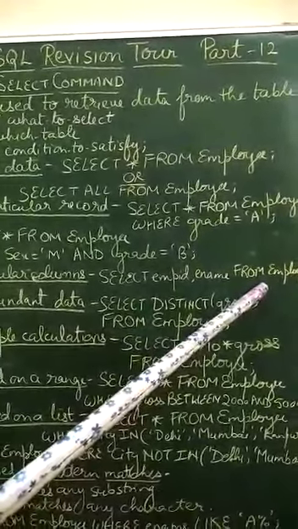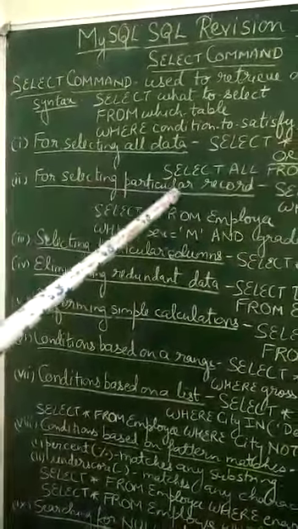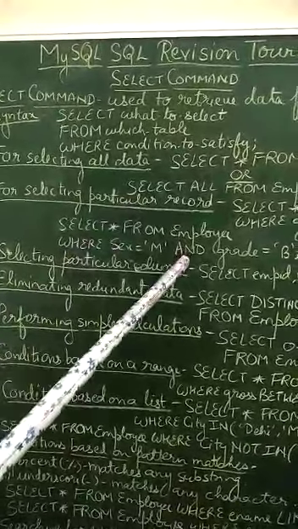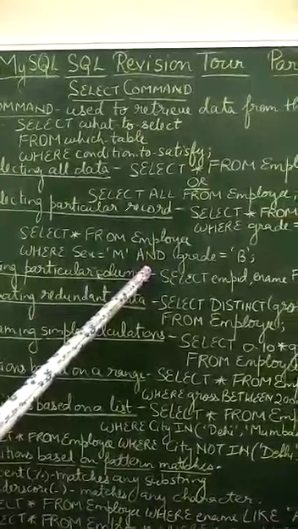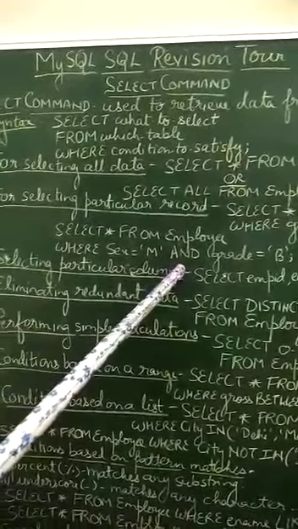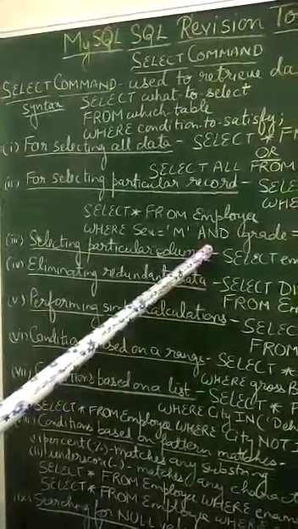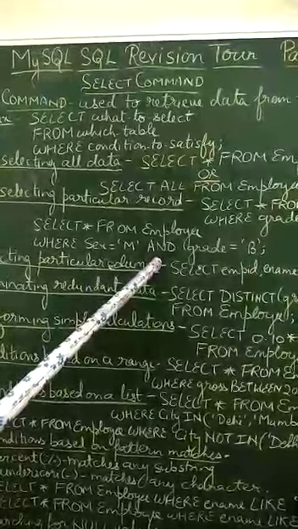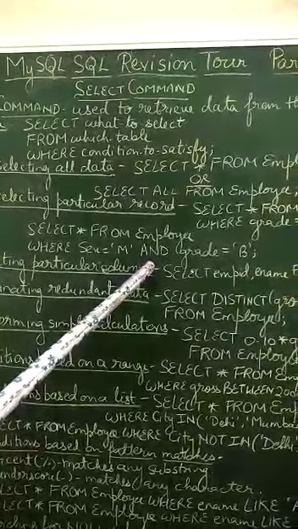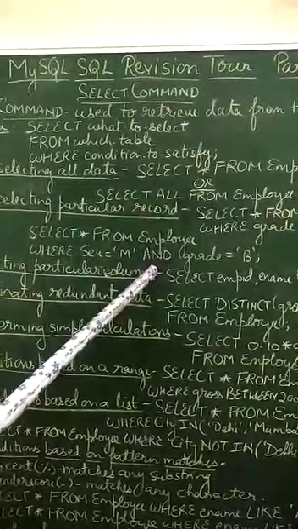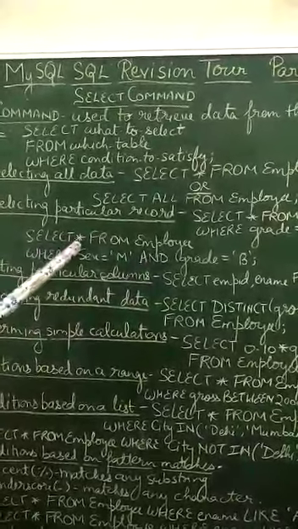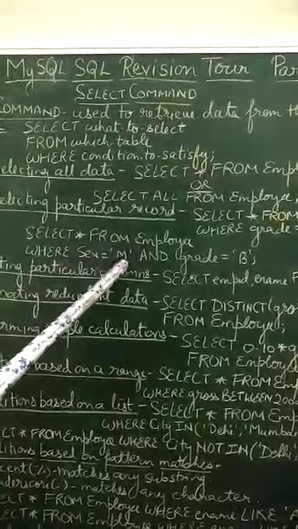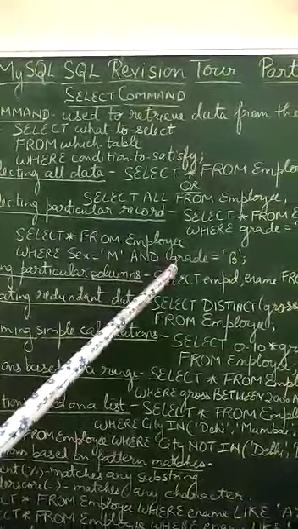One more thing I want to tell regarding selecting particular records, you can also make use of logical operators like AND or OR for more than one criterion specified. Example, suppose you want to retrieve those records from the employee table where sex is male and grade is B. Then you may write: select asterisk from employee where sex is equal to 'M', M stands for male, and grade is equal to 'B'.